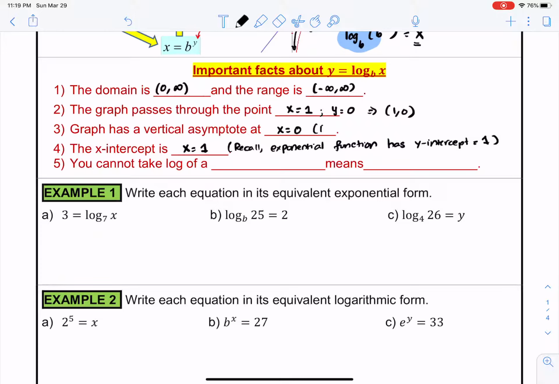And recall, the exponential function has a horizontal asymptote. And you cannot take log of a negative number. It means it is undefined. It doesn't exist.